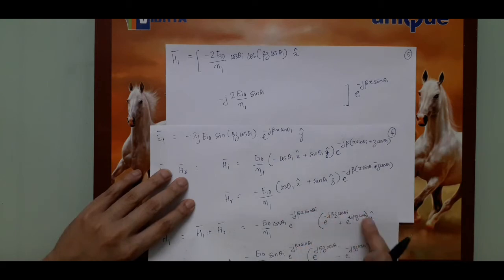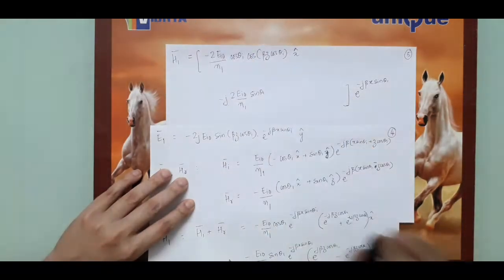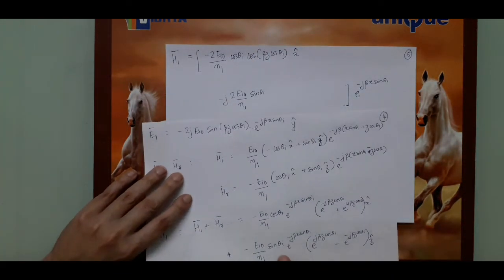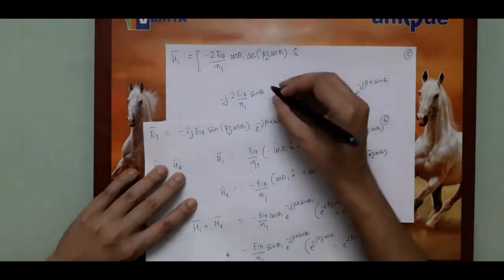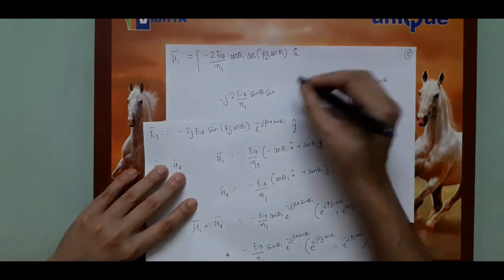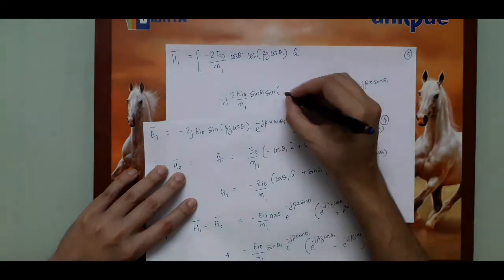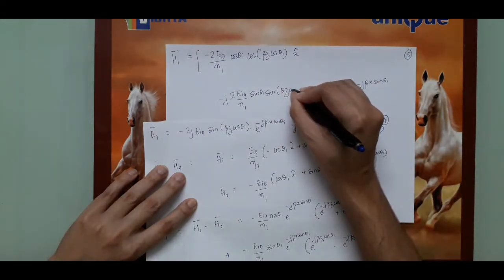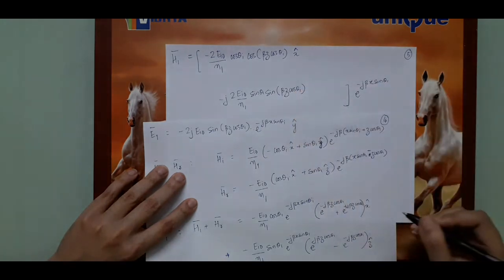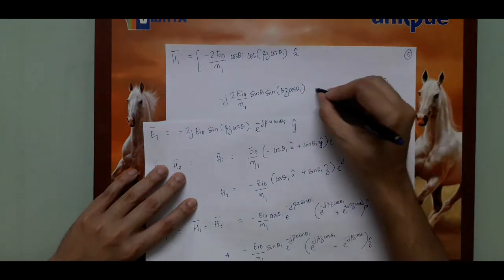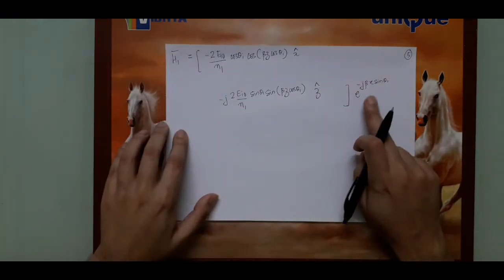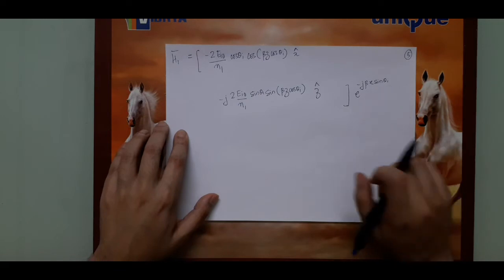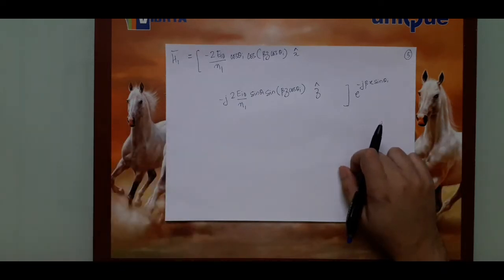This is becoming 2 cos, or 2 times cos of this quantity which we are getting, and that is why the 2 comes over here. In the sine case, we will get 2 sine theta I, and this will be sine of beta z cos theta I, and this will be the z component. So this whole times the e raised to minus j beta x sine theta I.